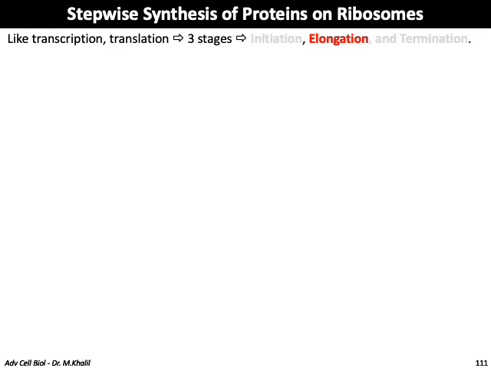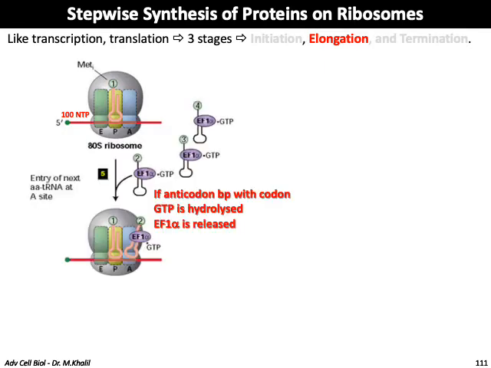For the elongation step, you can see that now the ribosome is ready to accept a new transfer RNA at the A site. So you can see a successive transfer RNA loaded with amino acids 2, 3, and 4 is recruited with elongation factor 1 alpha. If the anticodon base pairs with the codon, the GTP is hydrolyzed, releasing EF1 alpha.